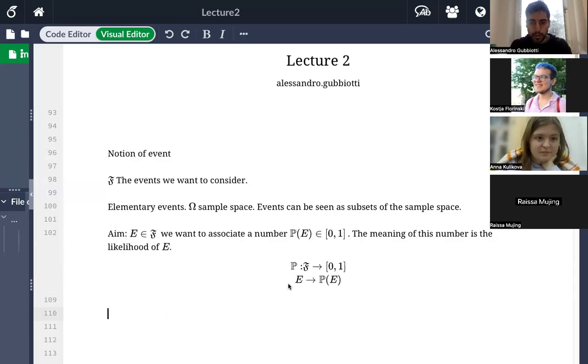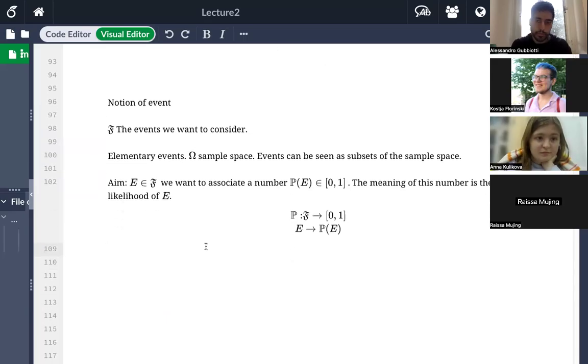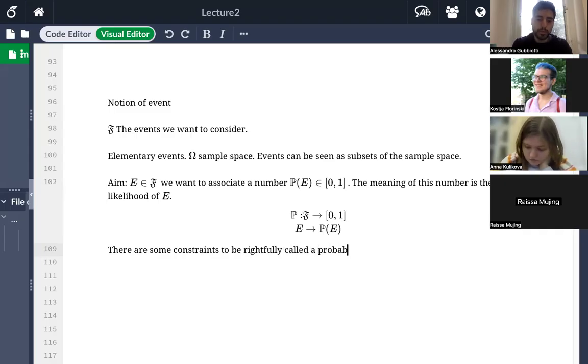So not every P has the right to be called a probability. There are some constraints to be rightfully called a probability.